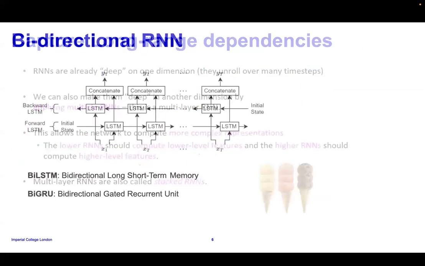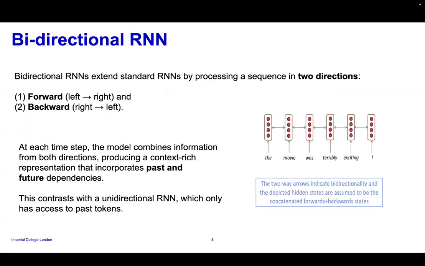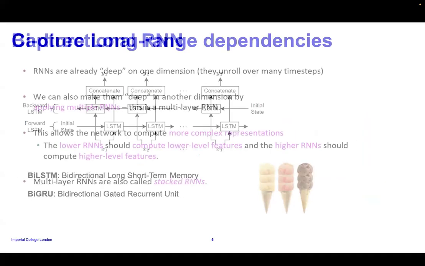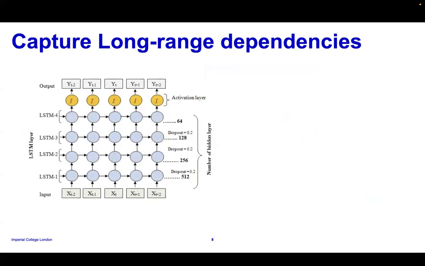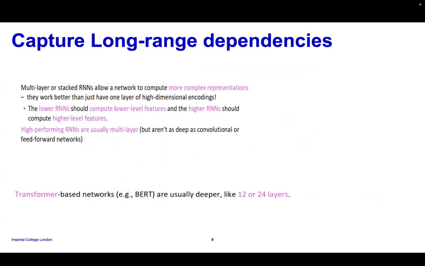Number one, because the classical RNN goes in one direction, we can use the bidirectional RNN, which we can have with LSTM or GRU. Number two, to solve the issue of RNN not capturing long-term dependencies, we can use the stacked RNN, where we have multiple RNNs stacked together.